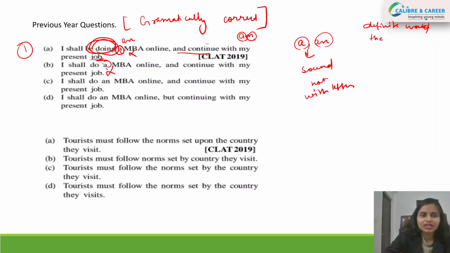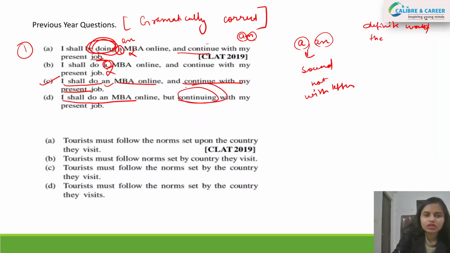Second thing, it will be incorrect since a is used. I shall do an MBA online and continue with my present job. This is correct. I shall do an MBA. First of all, the article is correct, and continue with my present job, that is correct. Now D, what is given? I shall do an MBA online but continuing with my present job. No, it is incorrect.